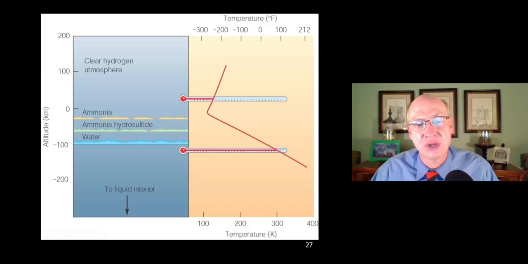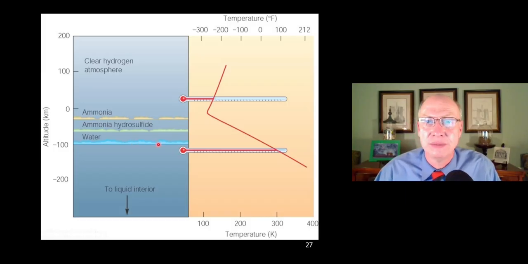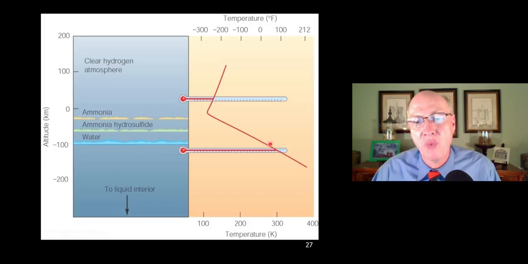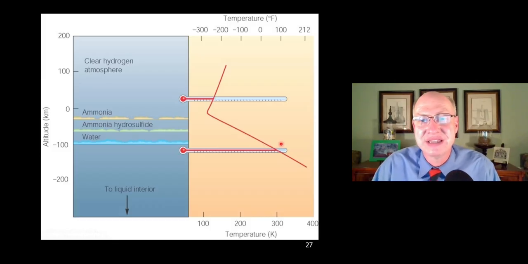The lowest of those cloud layers is a water cloud layer, just like on Earth. As this hot, moist material rises up, eventually, once it gets below the boiling point of water, once we get below 100 degrees Celsius, below 200 degrees Fahrenheit, water will start condensing to form clouds.